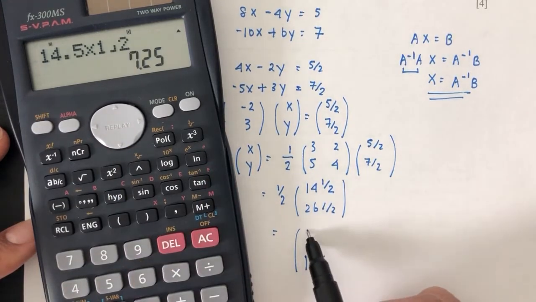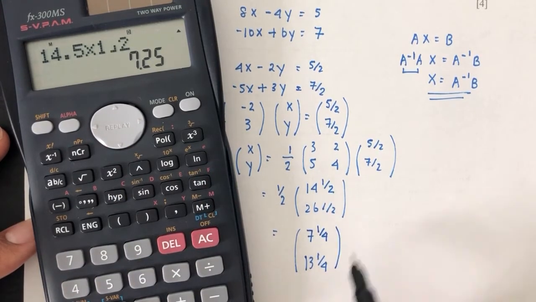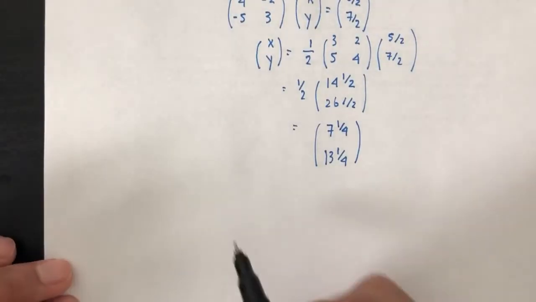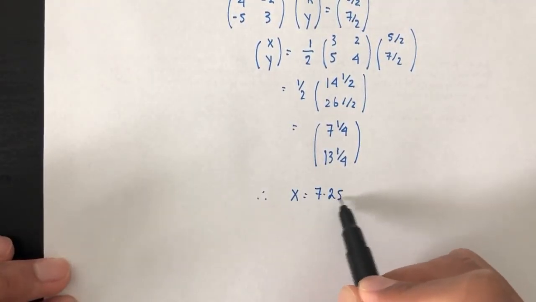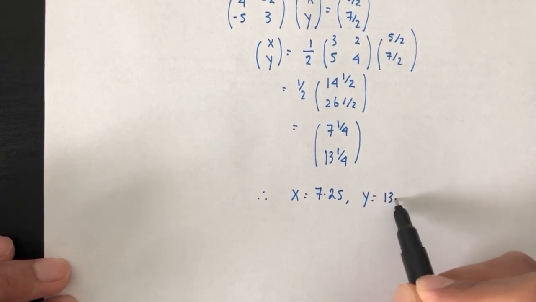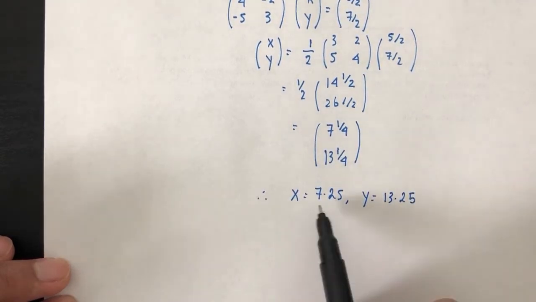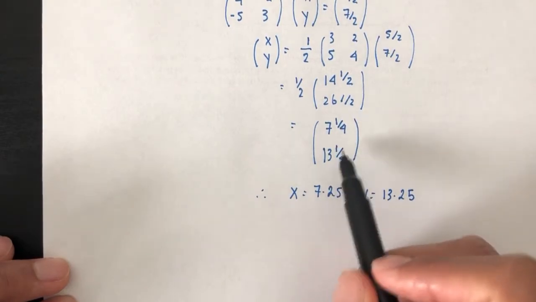That will be 7 and 1/4. So here you go, the value of x and y. X will be the first one, which is 7.25, and y will be 13.25. You can write a decimal or you can leave it as this.